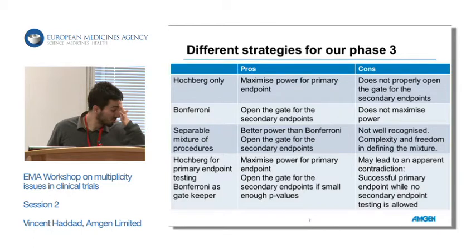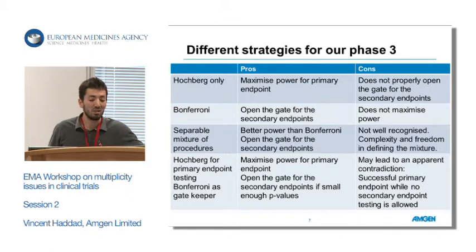And the last option we chose, we were about to propose to submit to the agencies, is using Hochberg for the primary endpoint testing. Then if it is significant using Hochberg, you declare your trial is successful. And then you test your primary endpoint again using the Bonferroni procedure for the sake of opening the gate to the secondary endpoints.